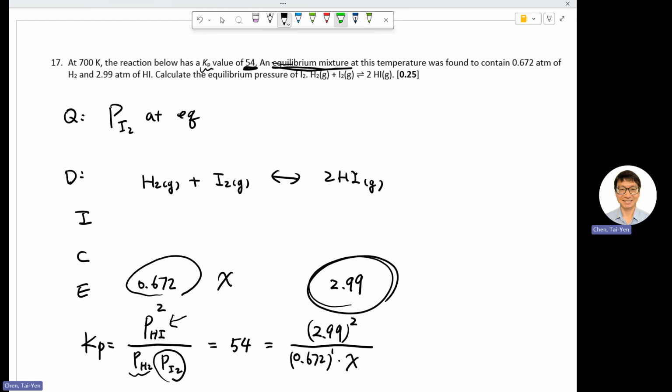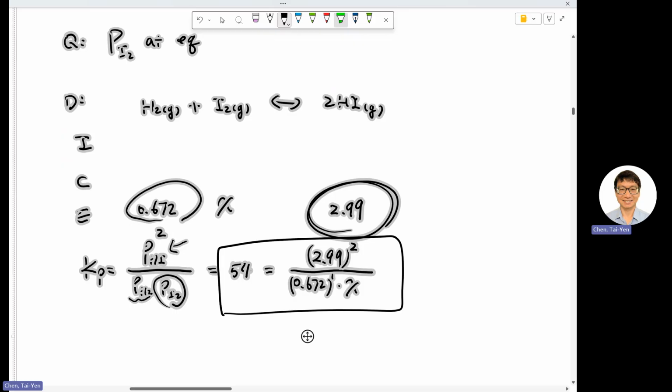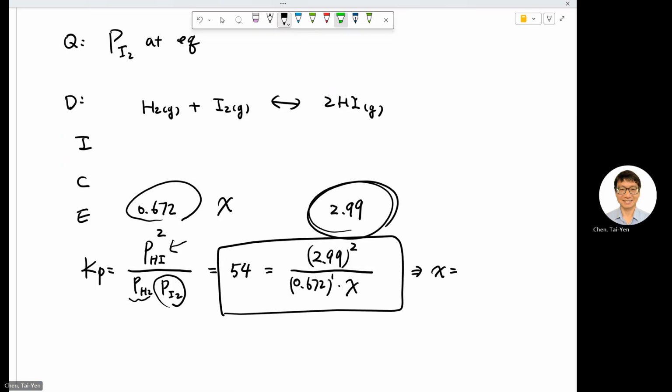X is the pressure of your I2. So using this equation, you can solve for your X. If you solve that, you're going to get X as a value of 0.25. Okay, and that is the pressure of your I2 at equilibrium. It's going to equal 0.25 atm.